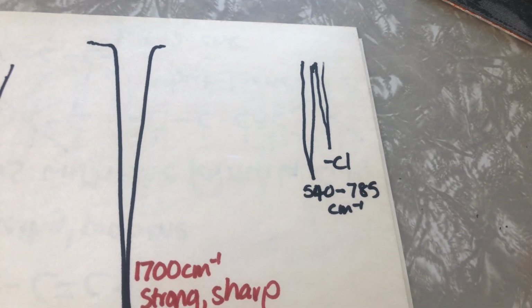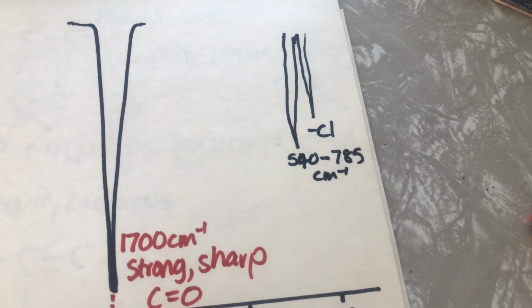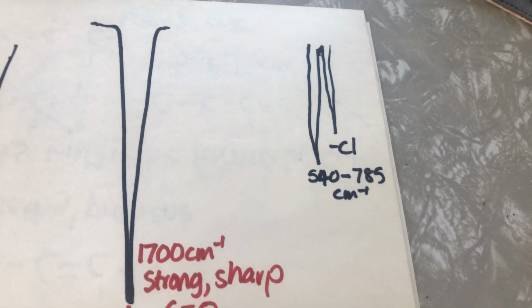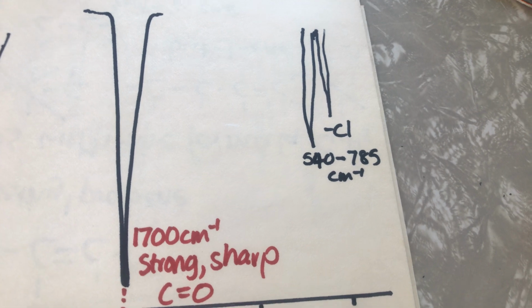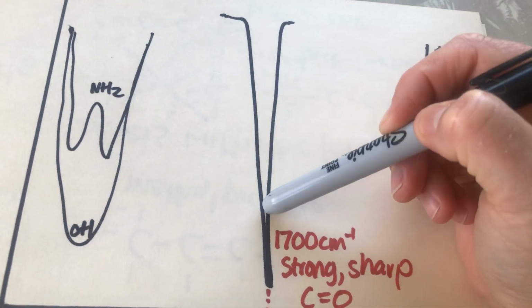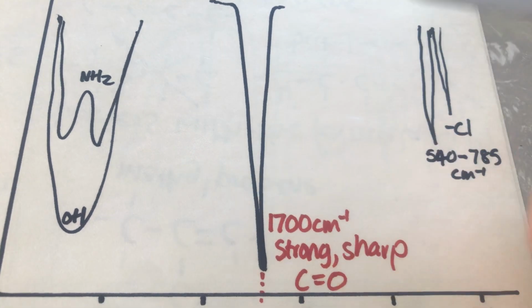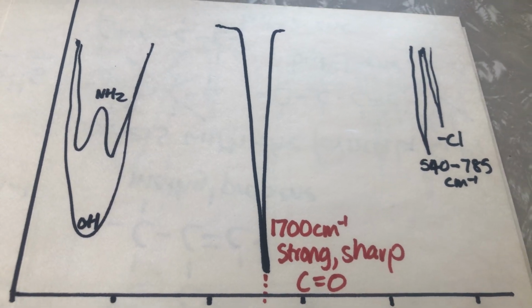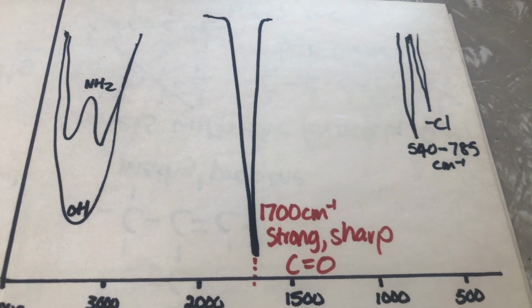The only thing we ever really look for down in the fingerprint region are Cls and Brs. So if we saw these peaks as well as this peak for the C=O, then we might have enough evidence to start suspecting an acyl chloride.